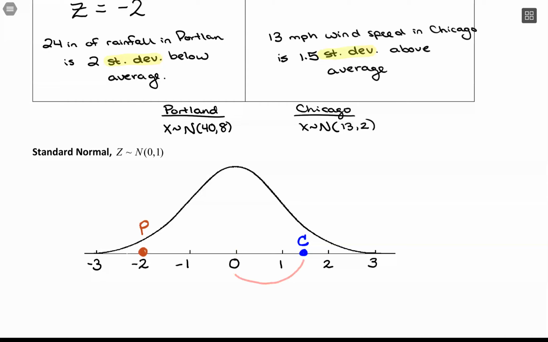Chicago was 1.5 away, but Portland was 2 away. So this event in Portland was further from the mean. So with that, Portland had the more extraordinary event, and we get an answer to our question. We need to look at z-scores to actually compare those values.